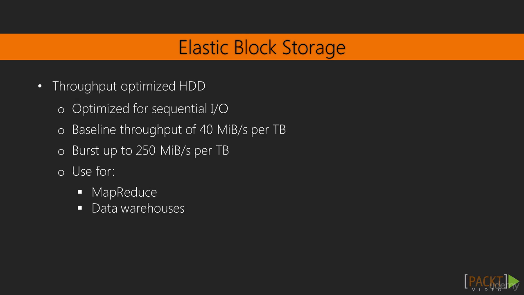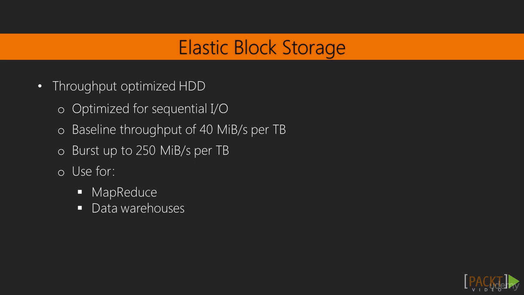Even though SSD is the new standard, AWS offers hard disk EBS volumes for a cheaper price than the SSD ones. These are optimized for sequential I/O and cannot be used for boot volumes. They offer burstable throughput similar to the general purpose SSD. The throughput optimized volumes provide a baseline of 40 megabytes per terabyte and can burst up to 250 megabytes per terabyte.